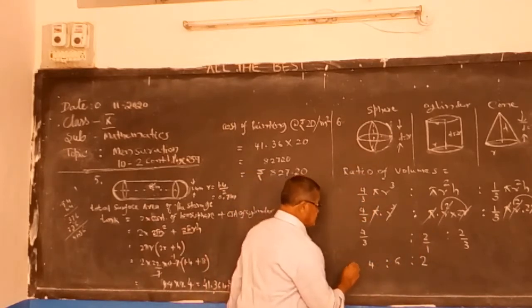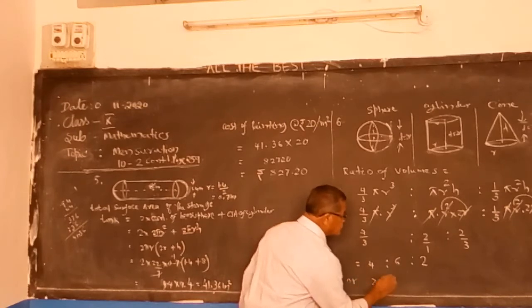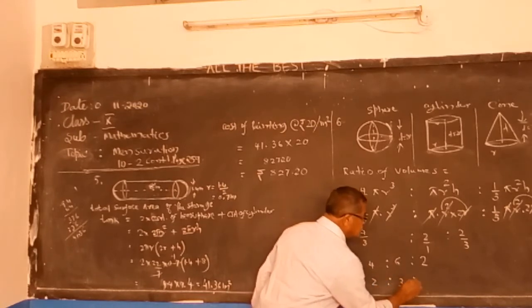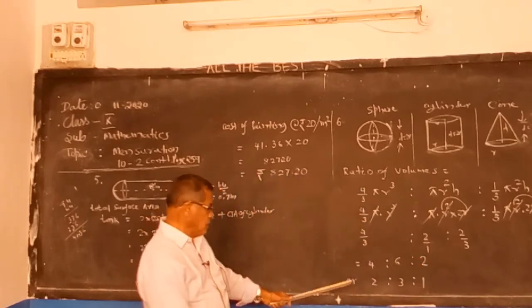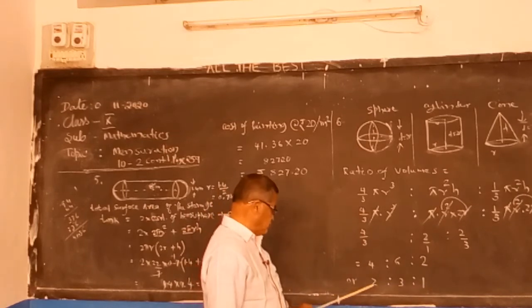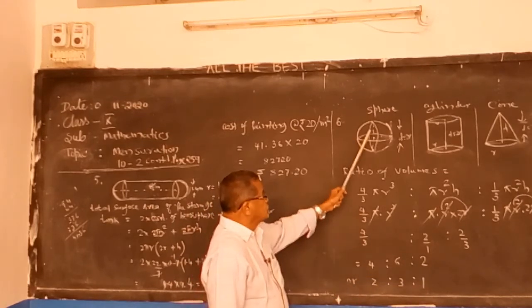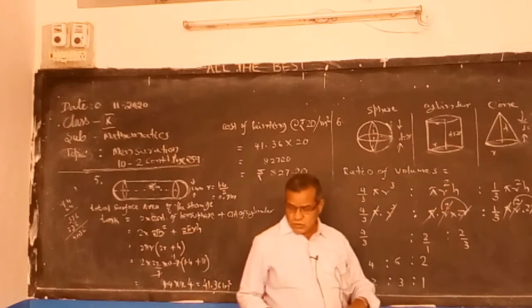By simplification, the ratio is 2 to 3 to 1. So this is the ratio of volumes of sphere, cylinder, cone. Note.